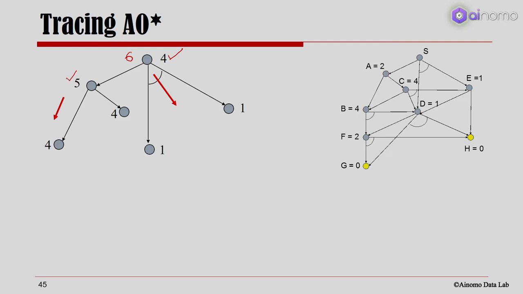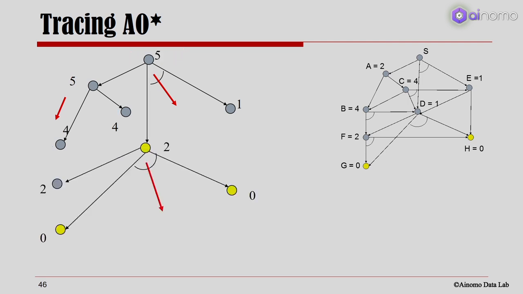The next node that we expand is the node D. So at D we have 2 options. One takes us to node F, and another is a 2 connector taking us to G and H. The price that one has to pay for moving to F is 2 plus 1, 3.